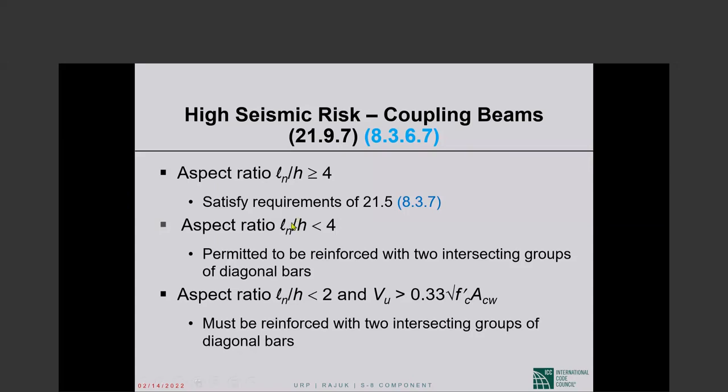We talked about 4 here. We are now talking about really short and stocky beams. If the clear span to depth ratio is below 2, and at the same time, the shear in the coupling beam exceeds 4 square root of f_c', now you shall use diagonal reinforcement in your coupling beams.